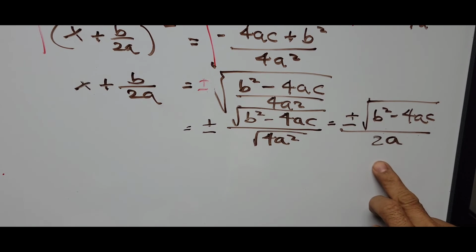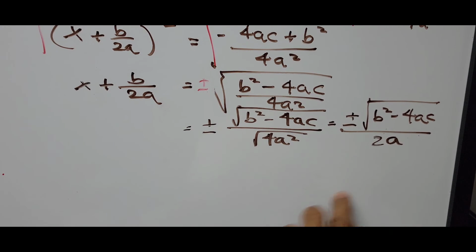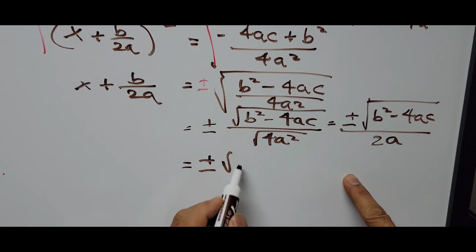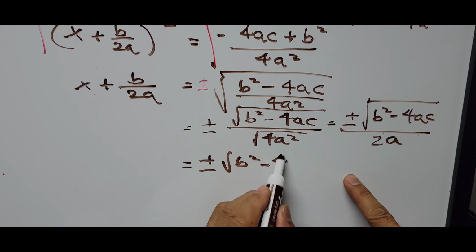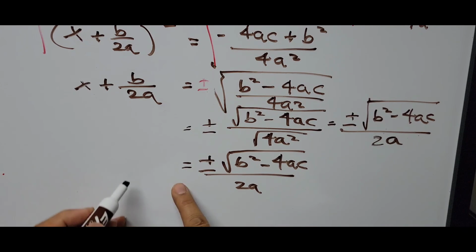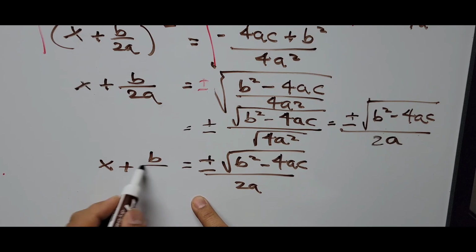Now we have arrived at this point where we can write it down again: plus or minus the square root of b squared minus 4ac, all divided by 2a. And x plus b over 2a.